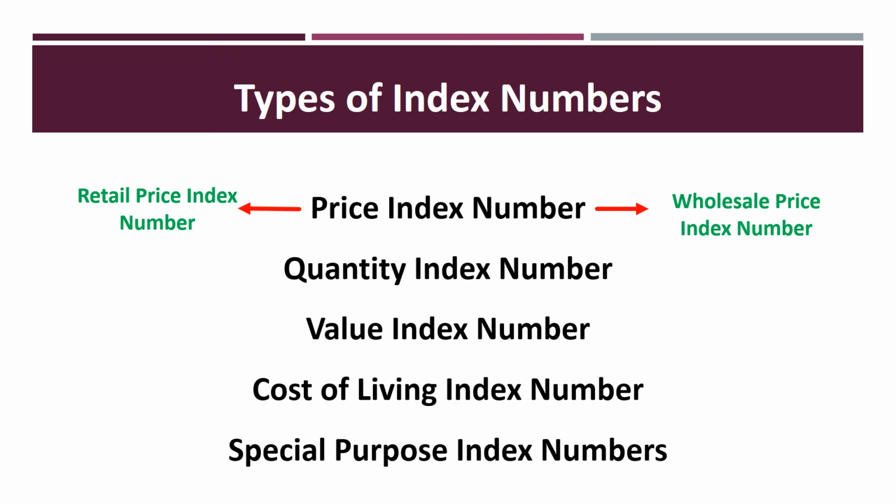Some indices are constructed for some specific purposes or for some specific uses. They measure the average change as compared to the base period or place or any specific purpose. Such index numbers are called special purpose index numbers. These are the important types of index numbers used in business and economics field.